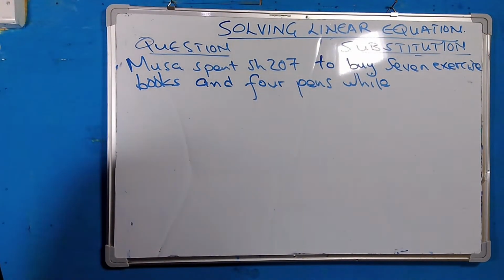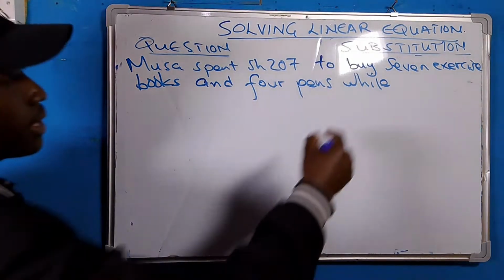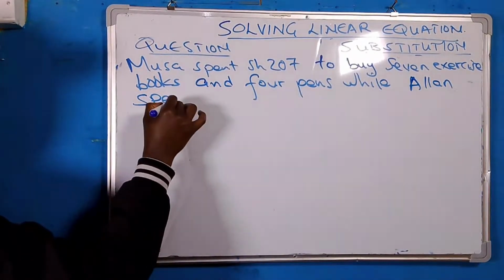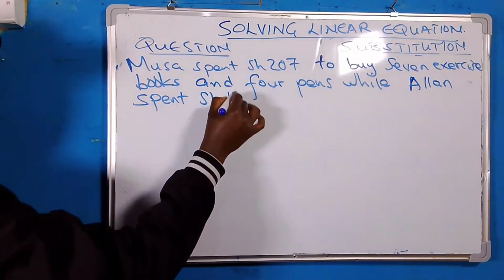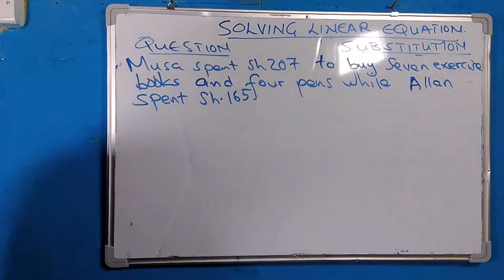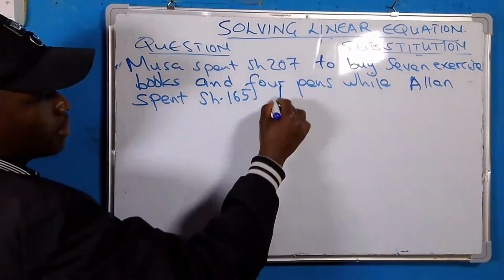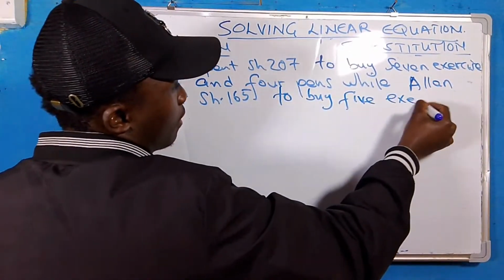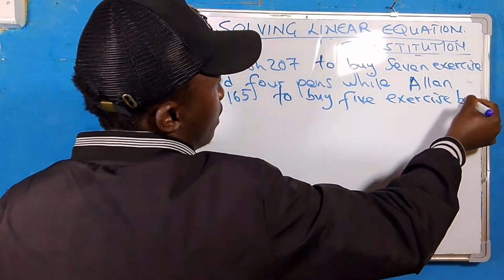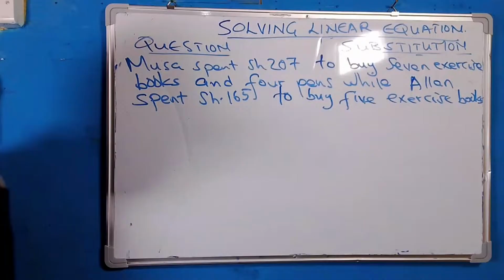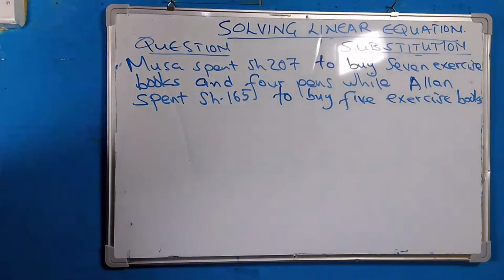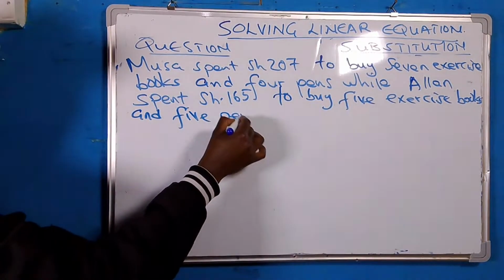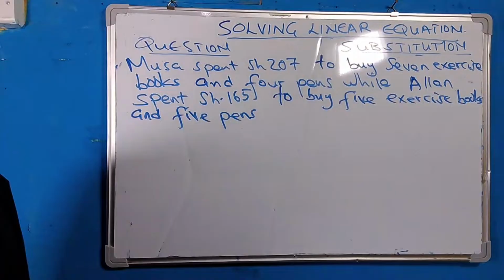while Alan spent 165 shillings to buy 5 exercise books and 5 pens of the same type.